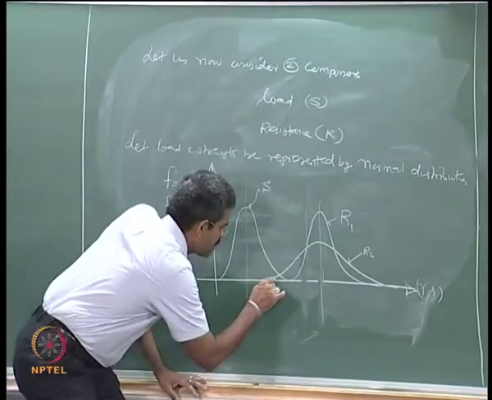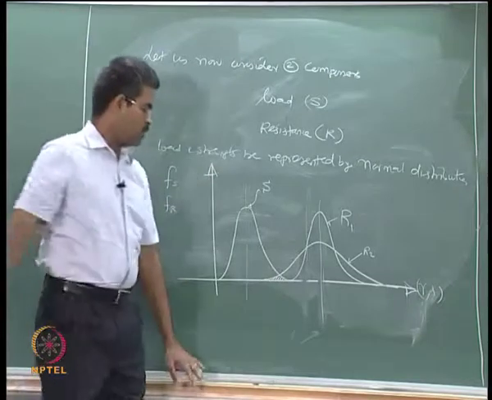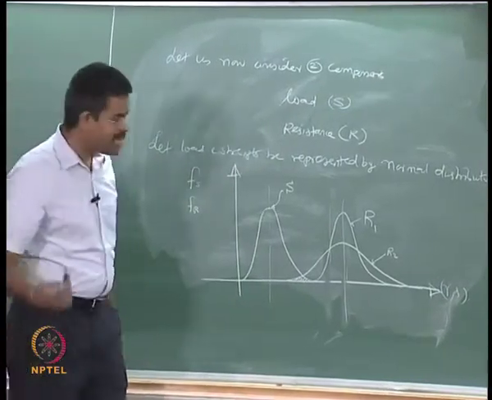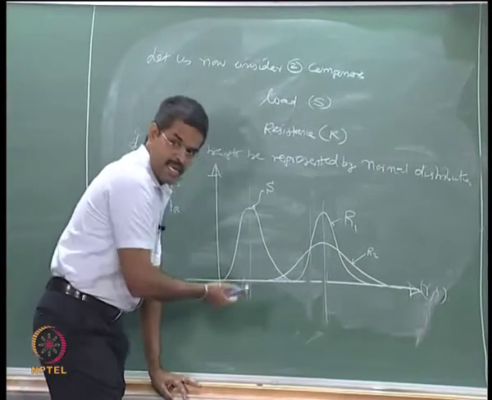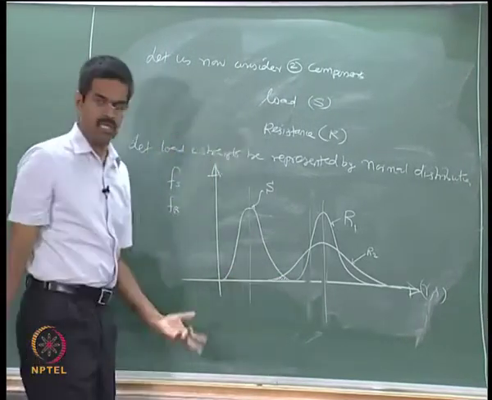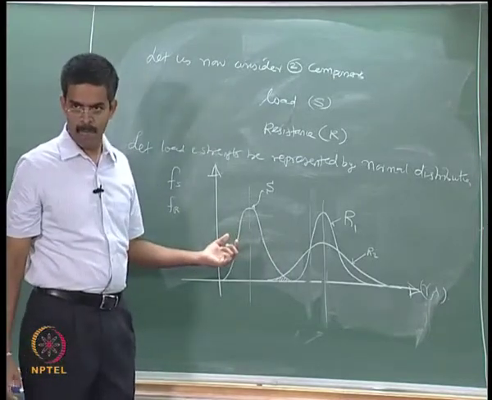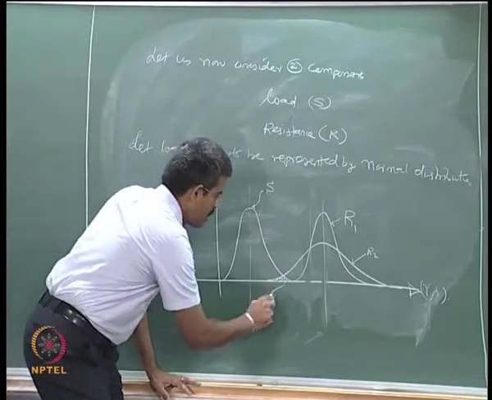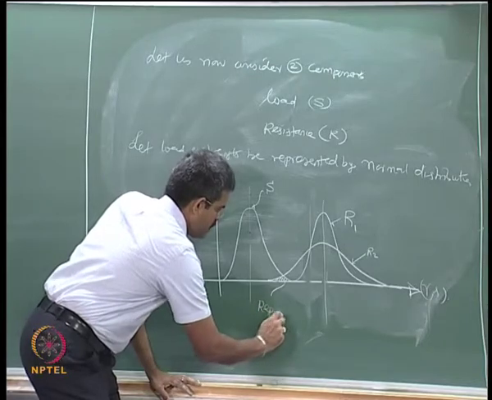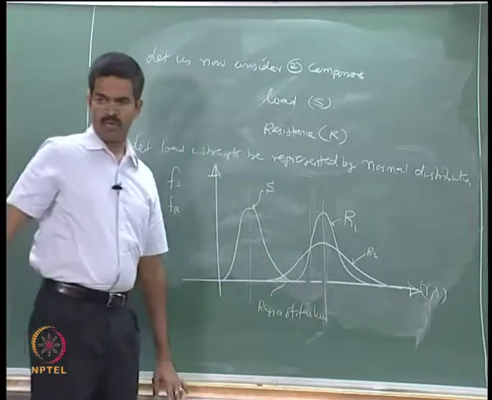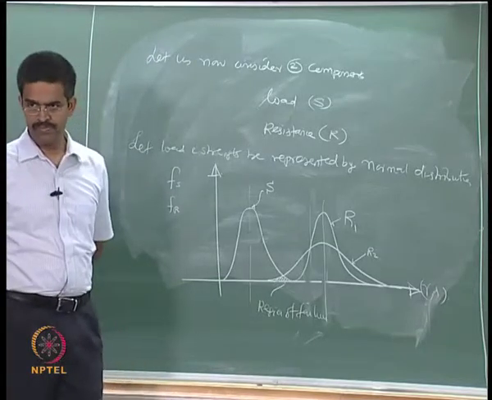Let me hatch that area which is having overlap with the load. So, look at any point here in the hatched area, you will see that the resistance is lower than the load. So, I can say this is my region of failure because resistance is lower than the load.